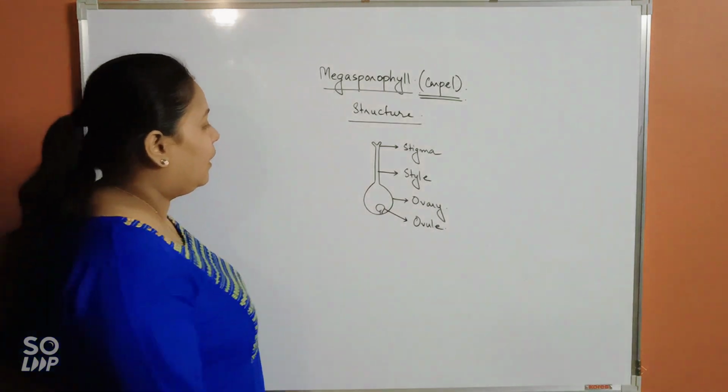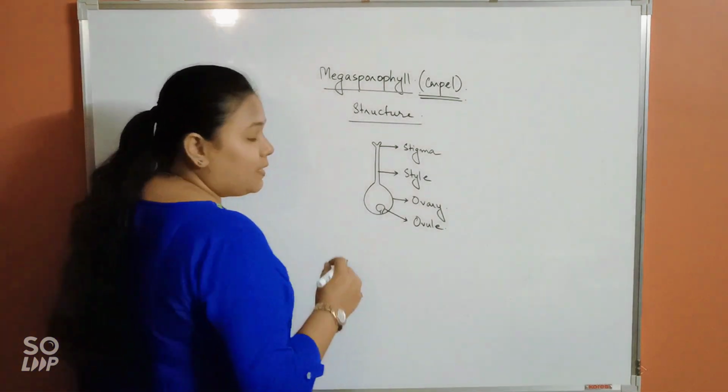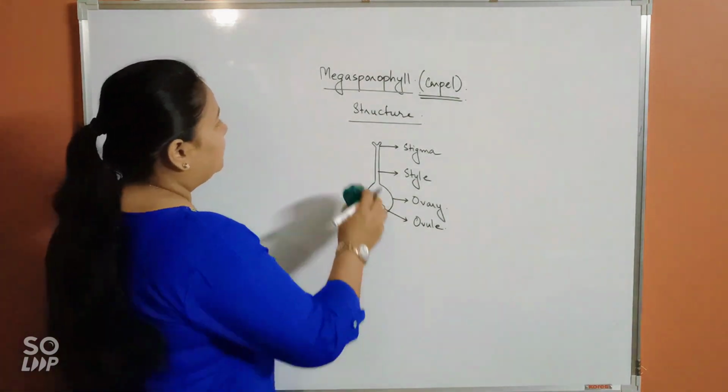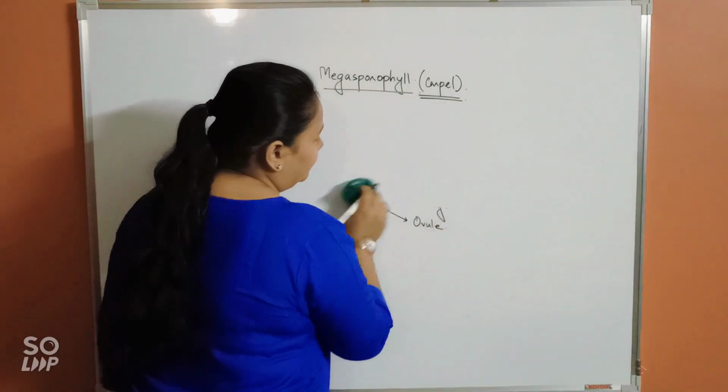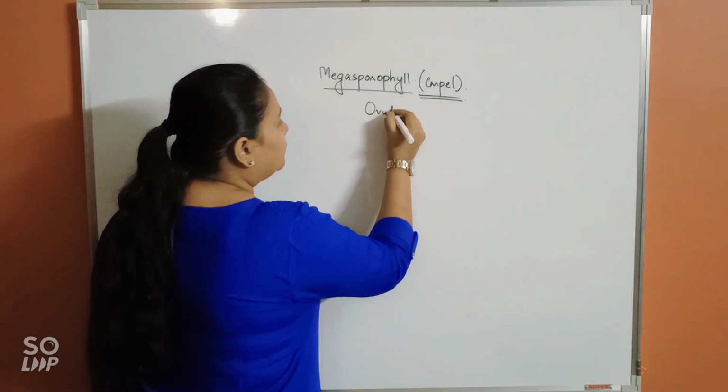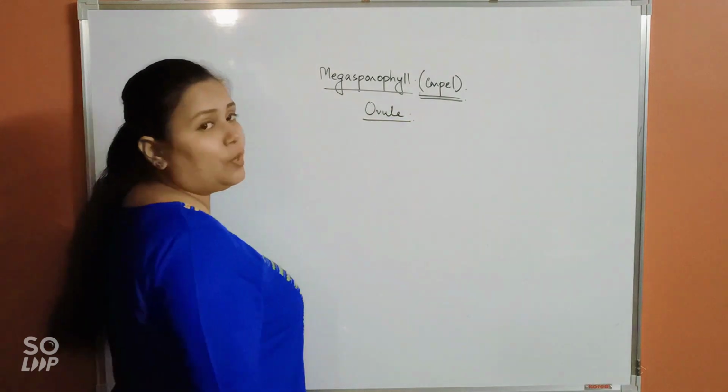Do remember this. Megasporophyll means carpel and megasporangium means ovule. Alright? Now, next let us discuss the structure of ovule in detail. Now this also has been discussed.